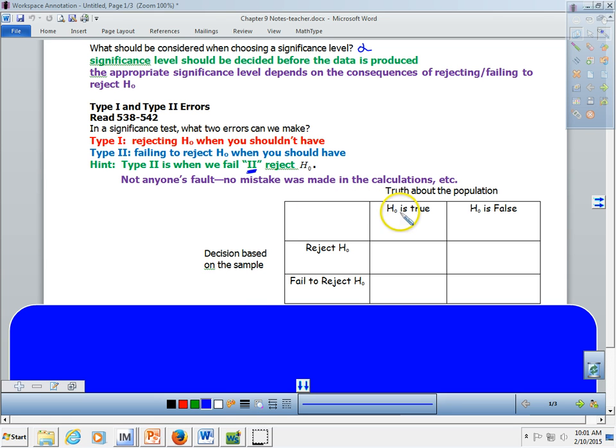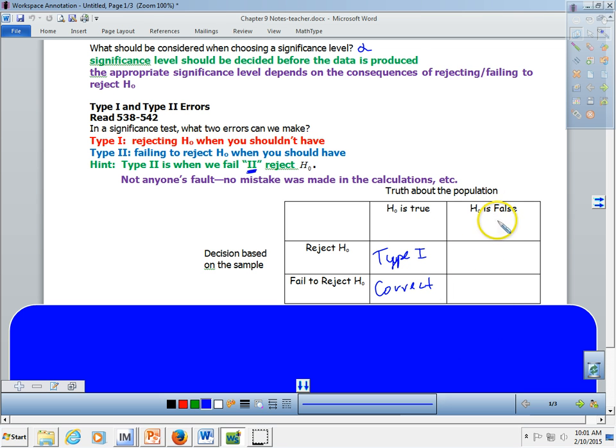If H naught is true, and we reject H naught, that's your type 1 error. And if H naught is true, and we fail to reject H naught, then that's a correct conclusion. That's what we want to have happen.